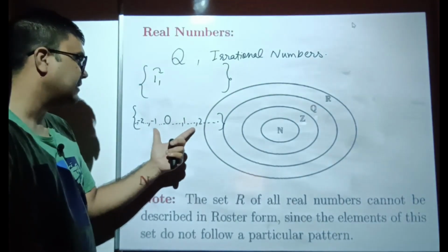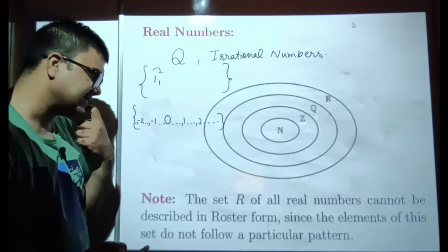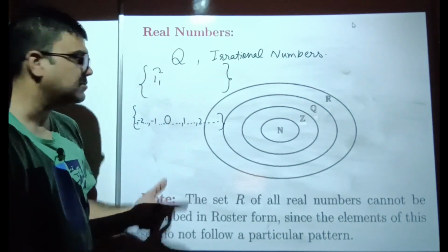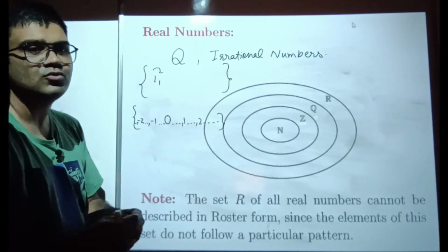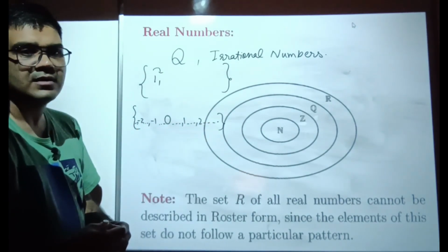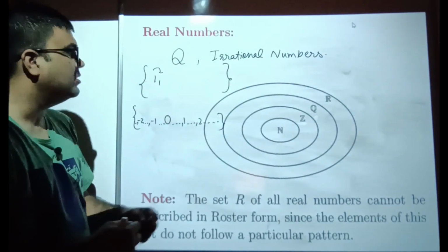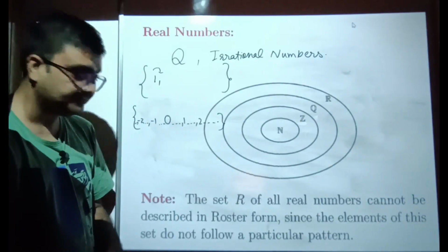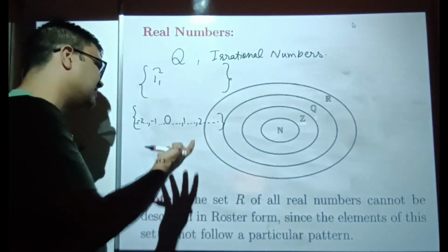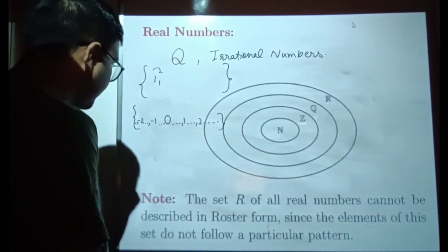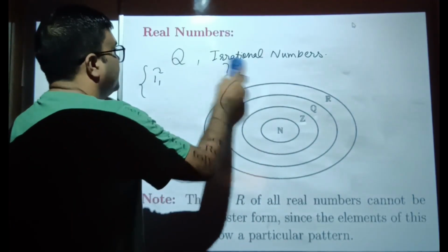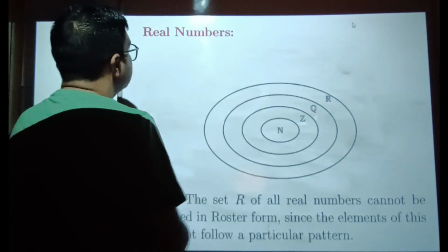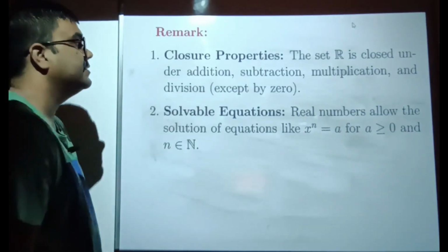So we are just saying that it is not possible to describe all the real numbers, because they do not follow a particular pattern in which we can write them. We generally write the set of real numbers in the set builder form. So this is the definition of real numbers.